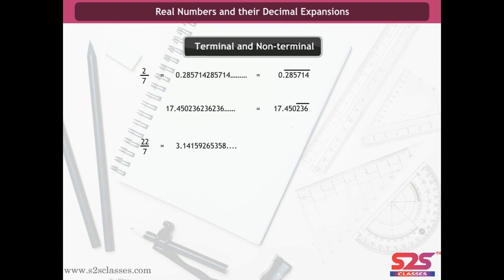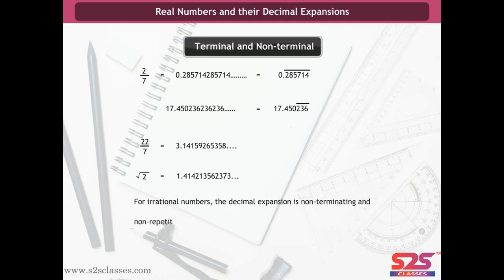In the same way, the decimal expansion of the square root of 2 is equal to 1.414213562373 and so on, which is non-terminating and non-repetitive. For irrational numbers, the decimal expansion is non-terminating and non-repetitive.